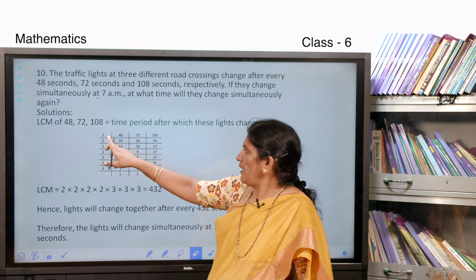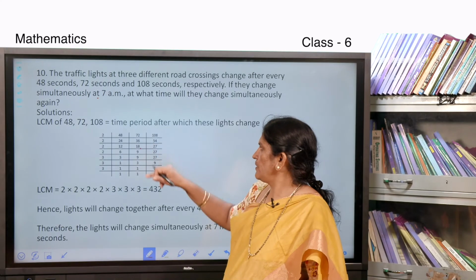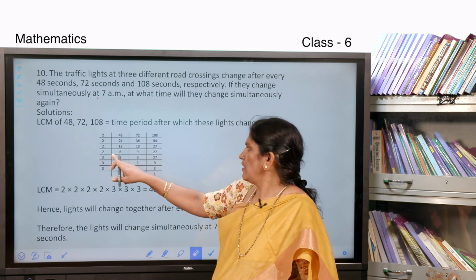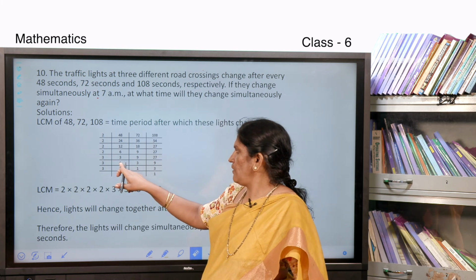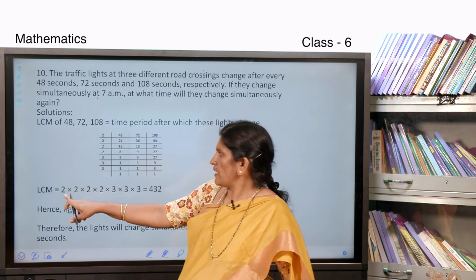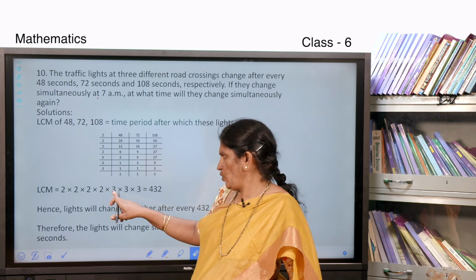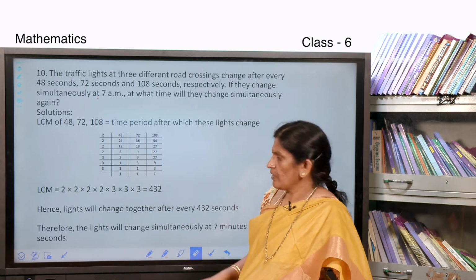See, for 48, 2 24s are 48, 72, 2 36s are 72, 108, 2 54s are 108. Again, 2 12s are 24, 2 18s are 36, 2 27s are 54, 2 6s are 12, 2 9s are 18, 27 as it is, 2 3s are 6, 3 9 as it is, 27 as it is, 3 1s are 3, 3 3s are 9, 3 9s are 27. So, the prime factors of these numbers are 2 into 2 into 2 into 2 into 3 into 3 into 3, that is 432.